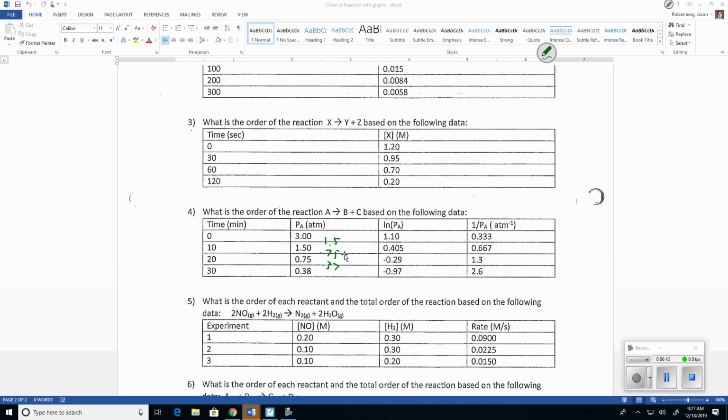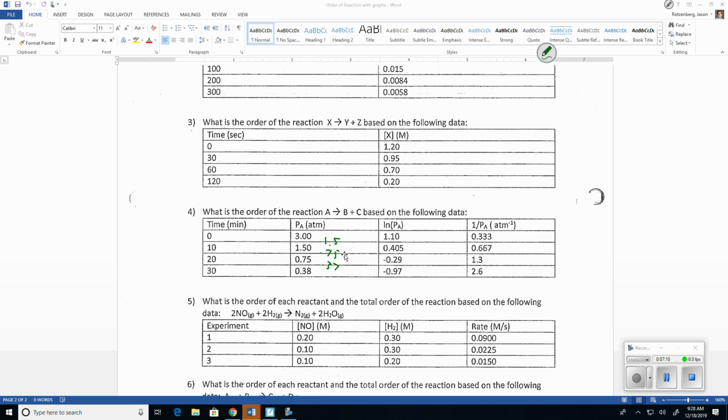My change is not linear for this. That tells me that this cannot be a zero order reaction, because whether it's concentration or if it's pressure, if the change is the same each time, that indicates that it's going to be linear on a graph. Now know which graph is which for linear.